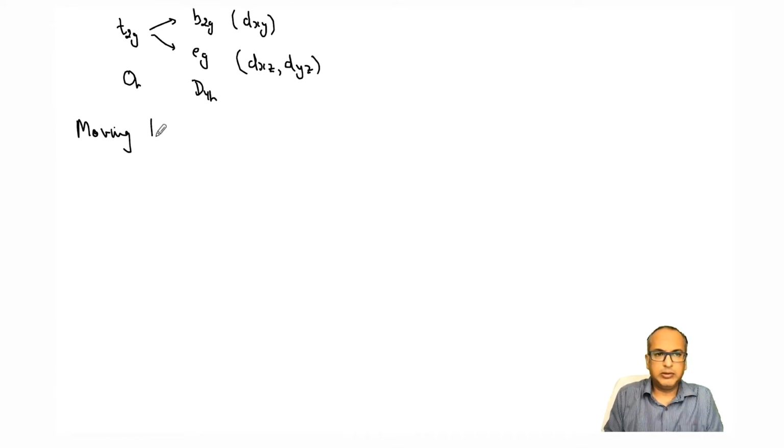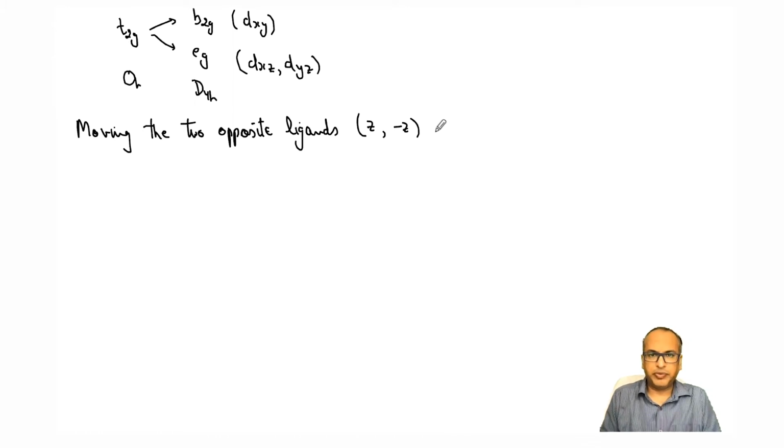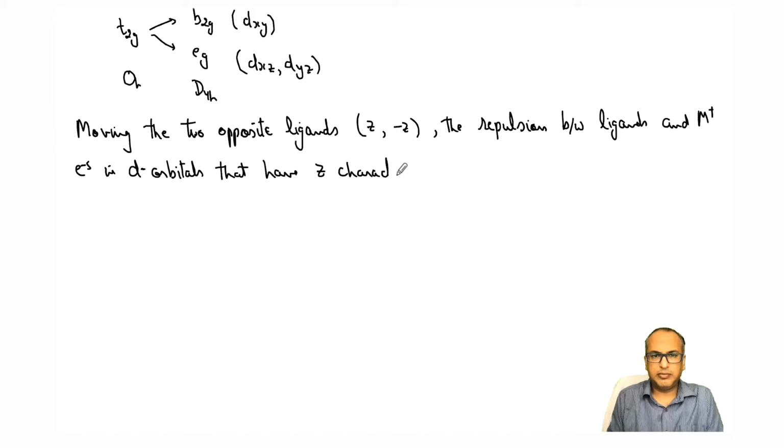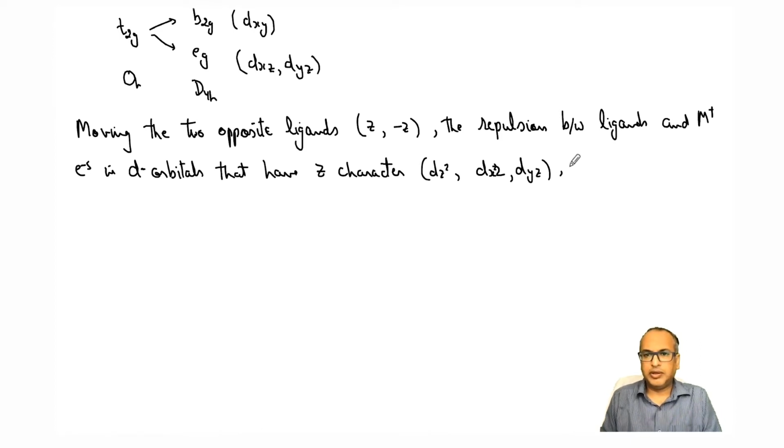Moving the two opposite ligands, let's say one from z and one from minus z side, the repulsion between ligands and M plus electrons in d orbitals that have z character, that means dz square, dxz, dyz, okay, energies are lowered.